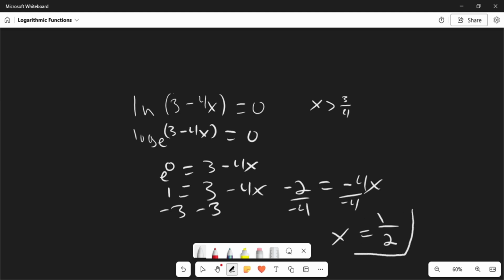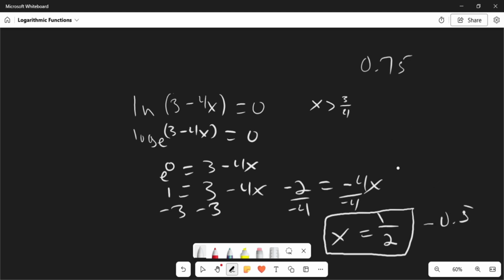Okay, so now we're going to see if this is an extraneous solution or if this is a compatible solution to the domain, right? So is this a compatible solution? Here the x has to be greater than 3/4. Well, 3/4 is 0.75, and here this is 0.5.